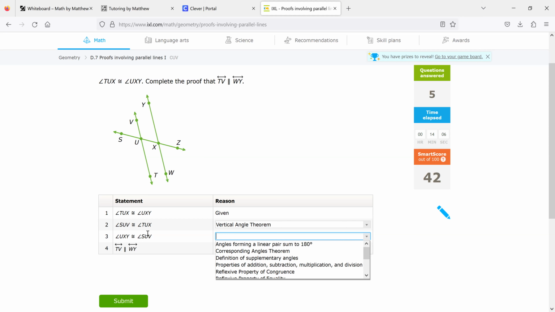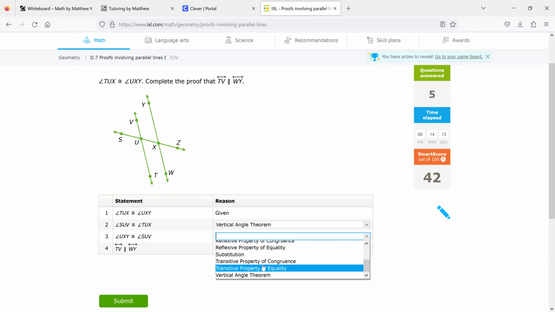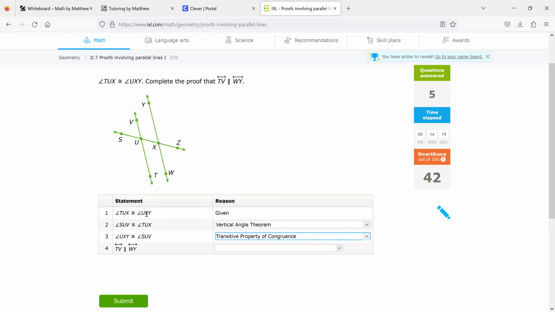So this one to me is a transitive property of congruence. Since UXY is TUX, since TUX is SUV, that's why it works.